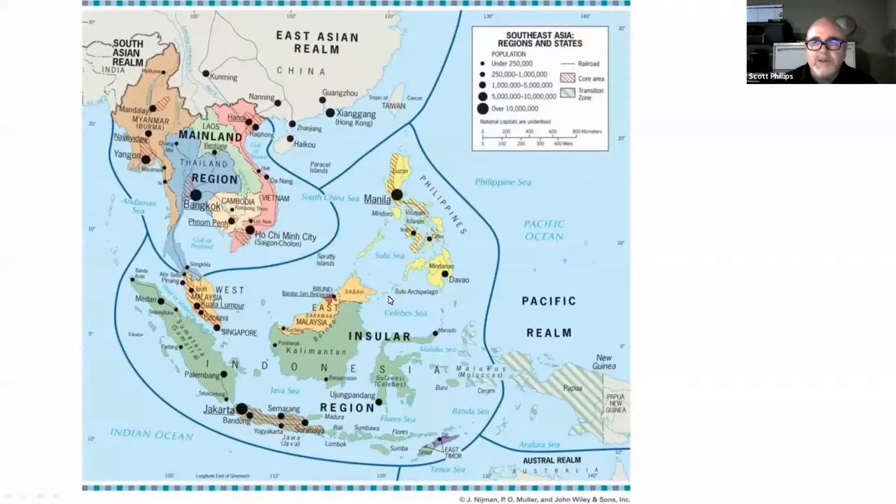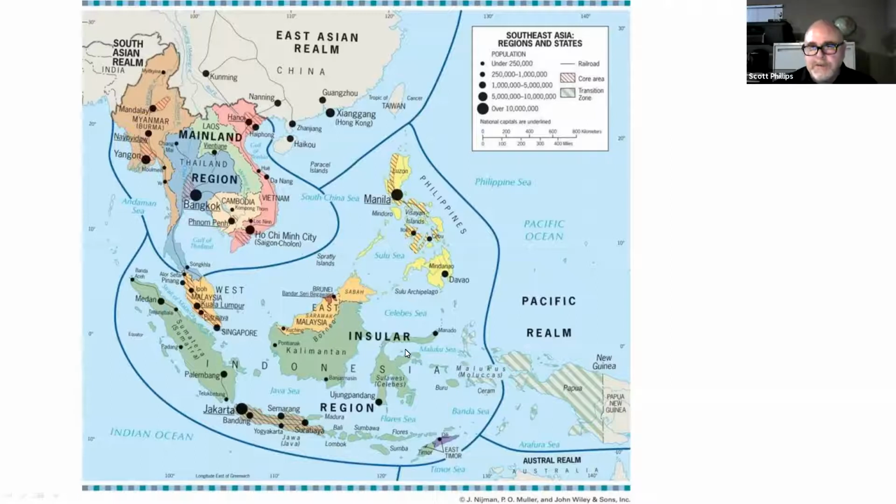This shows it a little more clearly. We can divide this into two regions: the mainland region, the part more physically connected to the Asian peninsula, and then the part we can call the insular part. The insular part is more of the islands that extend out into the ocean.